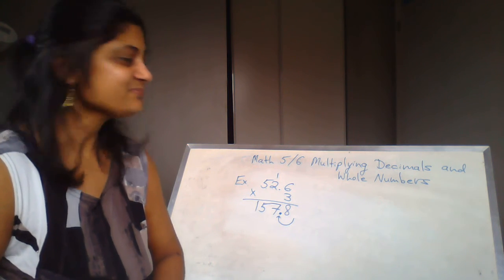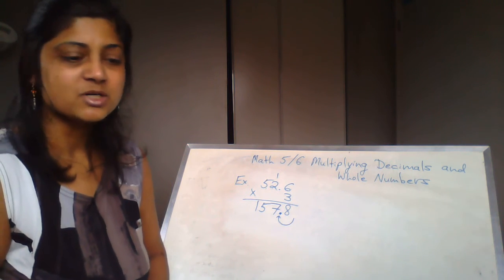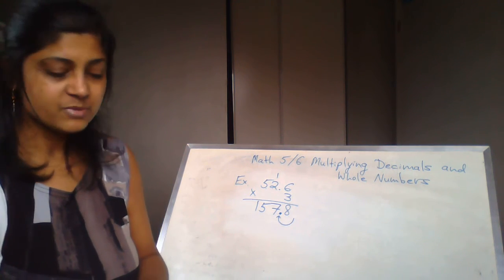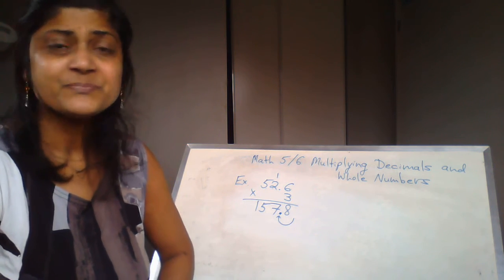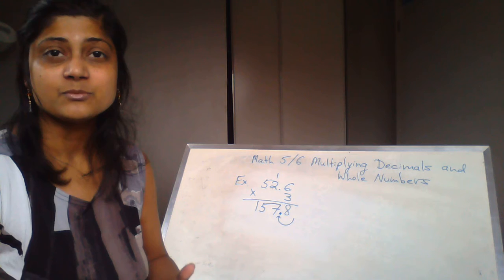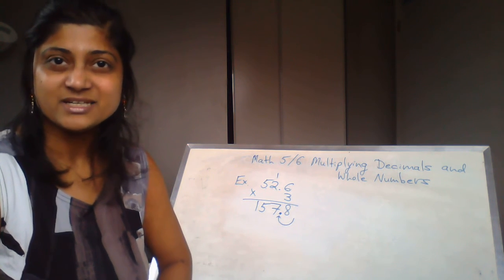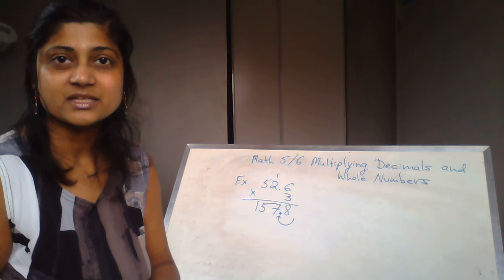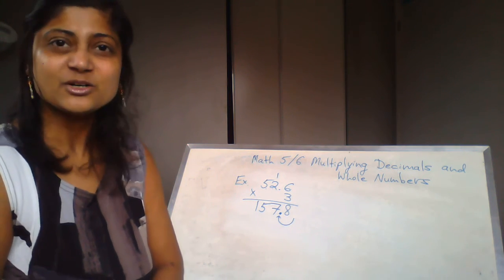All right, so that looks good. So this is basically an introduction of how to multiply using decimals, not just whole numbers. Make sure you're counting the number of numbers that you see after the decimal place, and that should be the same thing that you have in your final answer.